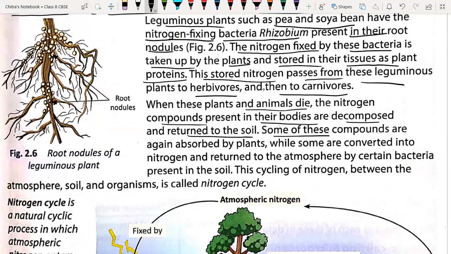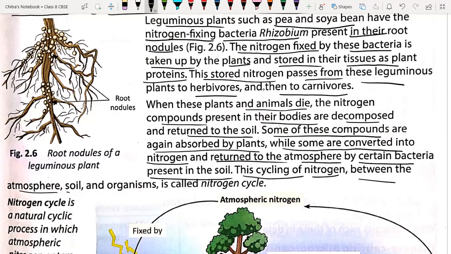Some of these compounds are again absorbed by the plant, while some are converted into nitrogen gas and returned to the atmosphere. So this is nothing but the nitrogen cycle. This recycling of nitrogen between the atmosphere, soil and organisms is called the nitrogen cycle. So distribution and recycling of nitrogen to the different trophic levels is called the nitrogen cycle.